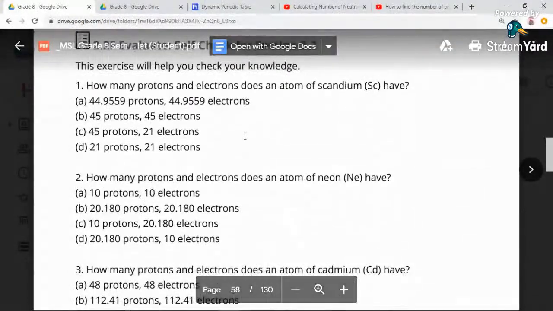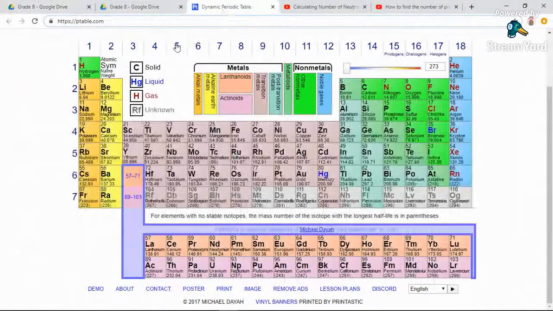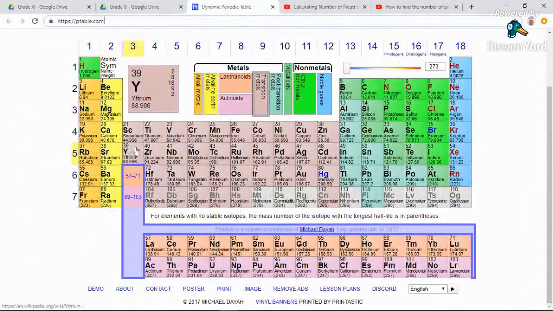How many protons and electrons does an atom of scandium have? So you need to find scandium. It's Sc. I always have a difficult time finding it. That's Se. Where is Sc? I can never find this element for some reason. It likes to hide. Did you guys find it already? I bet you found it before me.